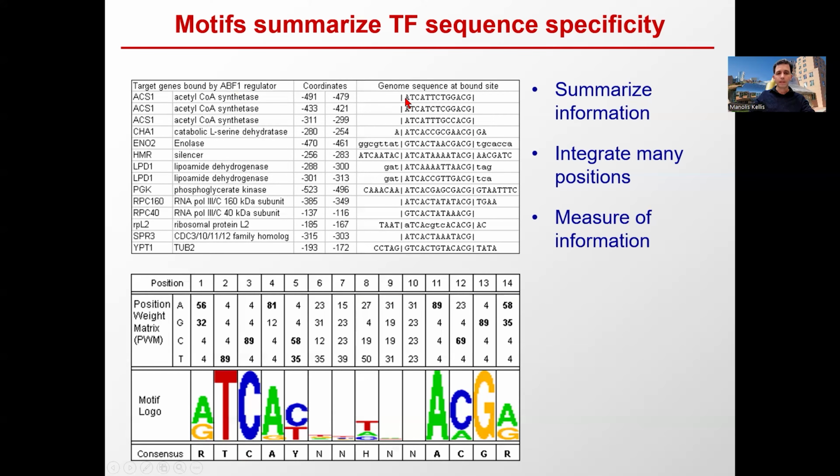And then what you see is that there's a very conserved TCA here with either A or G in the front. There's a very conserved ACG here with sometimes an A, sometimes a G following it. And then the middle positions are free to change. What's the shape of the binding? Very easy. It's something that binds the two parts of the helix with a small spacing in between. Everybody with me here? Awesome.